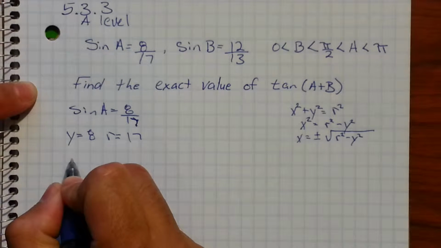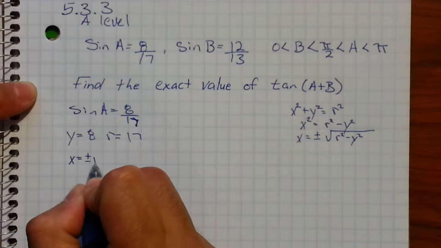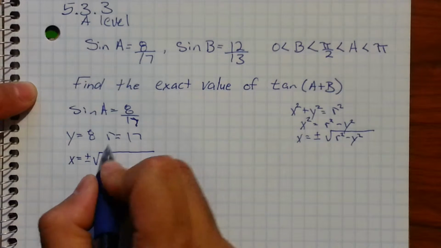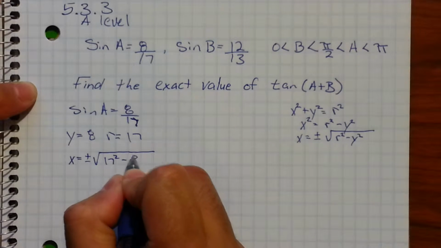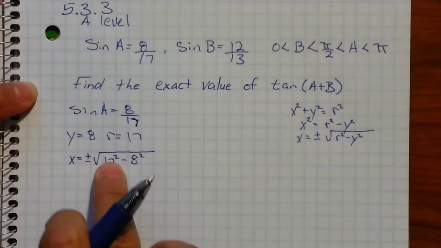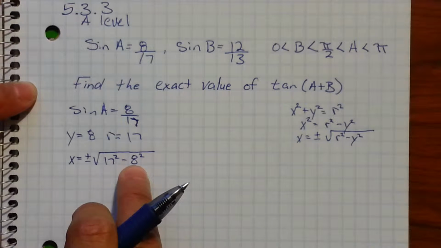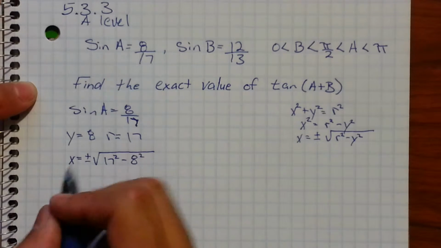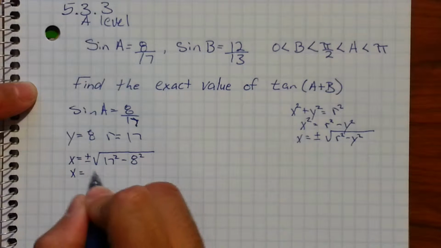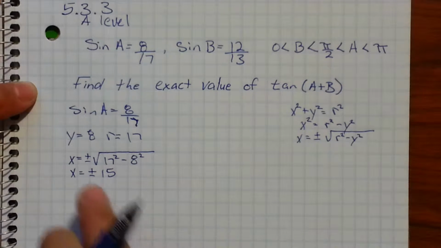So x is equal to plus or minus the square root of 17 squared minus 8 squared. So 17 squared minus 8 squared is going to give me, let me see, that's 225. So the square root of 225, x is plus or minus 15.